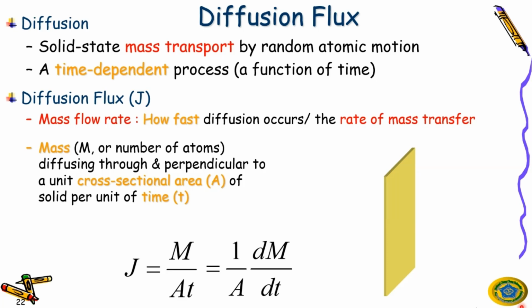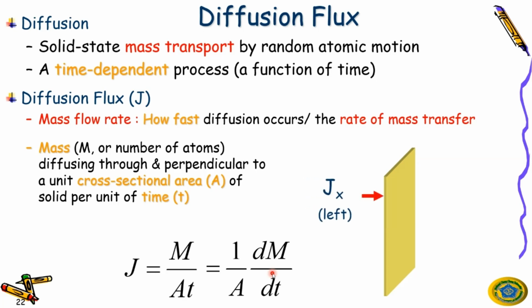So you can use the mass or the number of the atoms diffusing through a perpendicular unit cross-section area of the solid per unit of time. So the unit area and the unit of time. This is the definition of flux. So ladies and gentlemen, you need to remember this one.